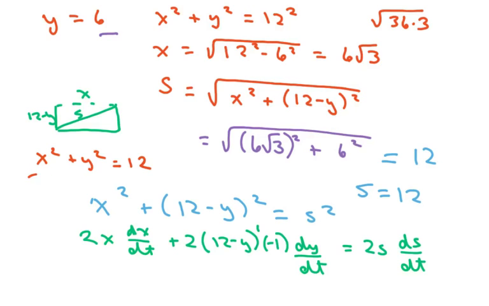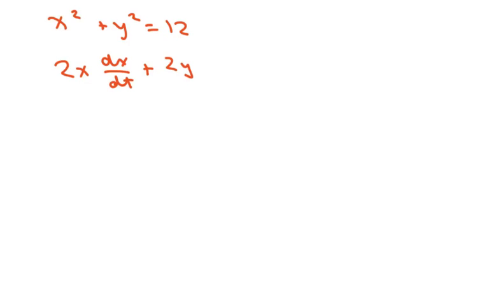And we also know, real quick, that x squared plus y squared equals 12 squared. So let's do that one next. This is the bigger triangle. We get 2x times the derivative of x with respect to t, plus 2y times the derivative of y with respect to t equals 0.